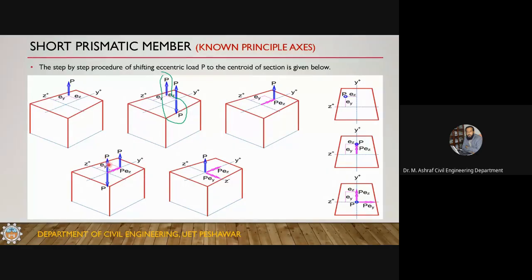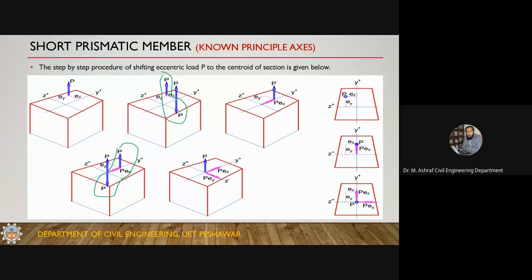Now you have this case. Now apply two equal and opposite forces at the centroid of the cross section. So this is the same as this one, no difference in these two. Once again, these two forces are creating a couple. They are Ey distance apart, so they are creating a couple P Ey, and this couple is about the z-axis. The direction is according to the right hand rule.